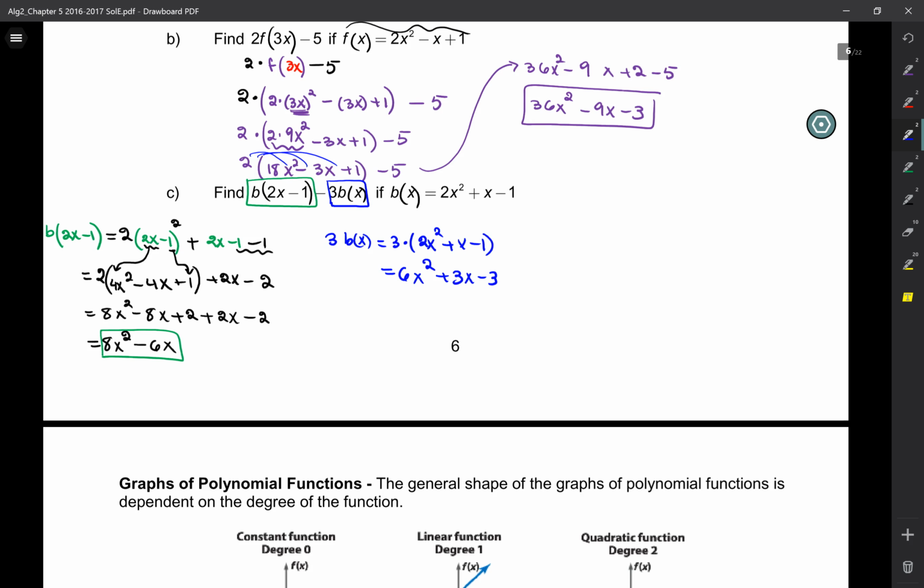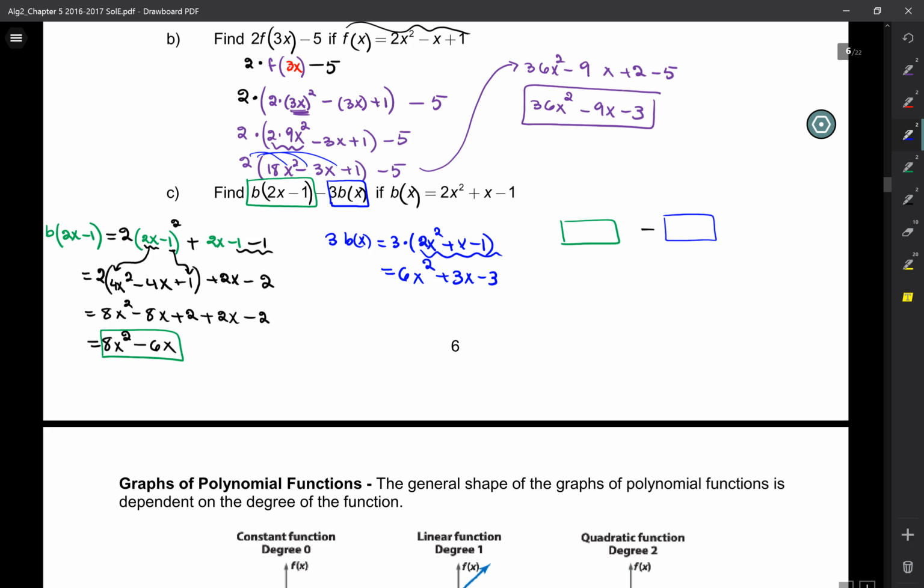Not yet. Okay, now what are we going to do? It's 3 times b of x. Now, what did I have before? I had the green. Right, so I kept the negative for later. Now I'm going to use the negative. So what do I have before? I have the green minus the blue.